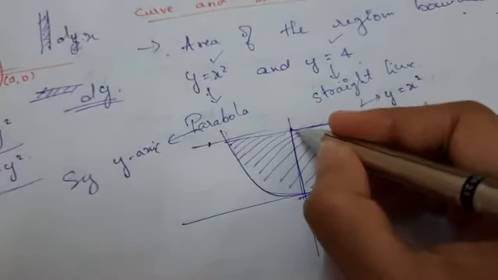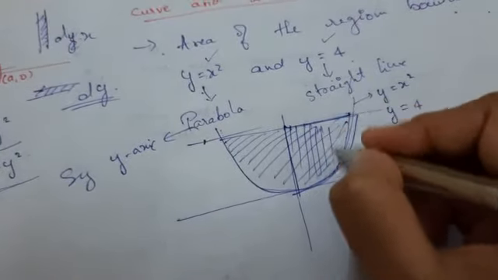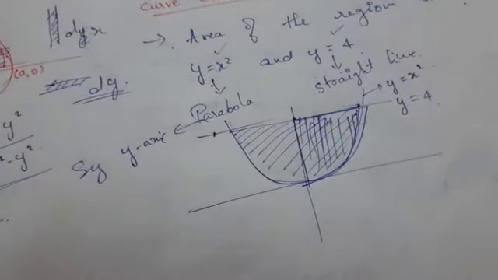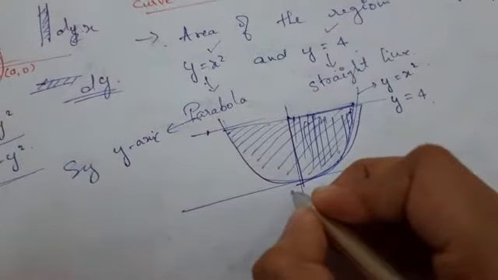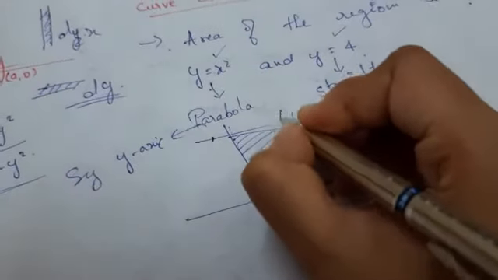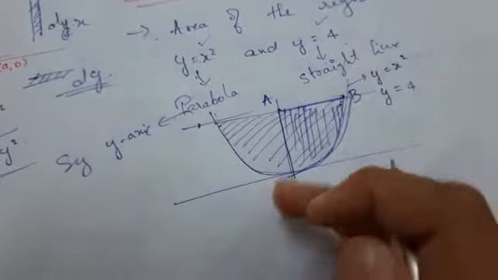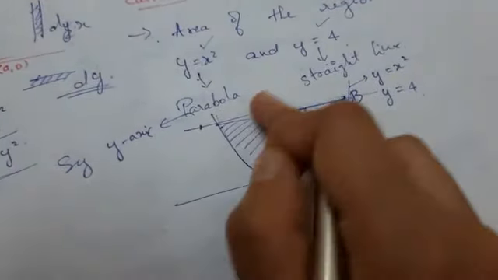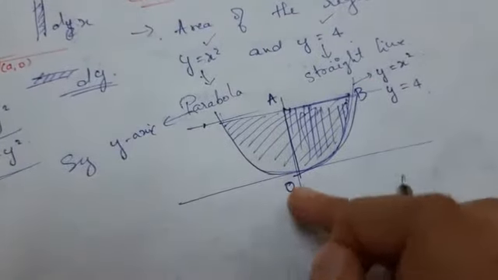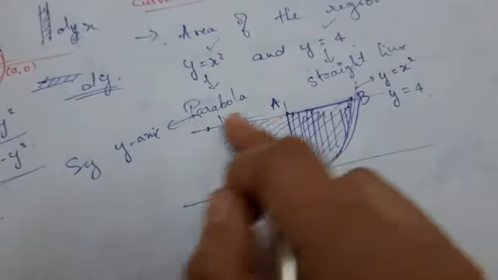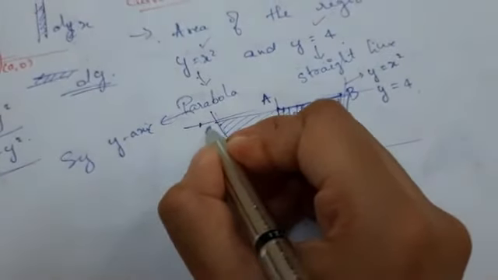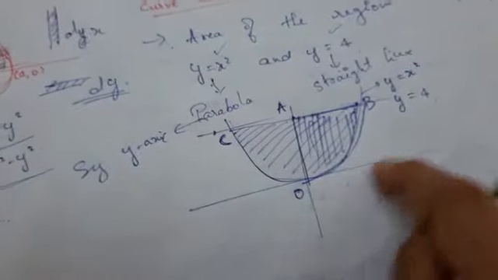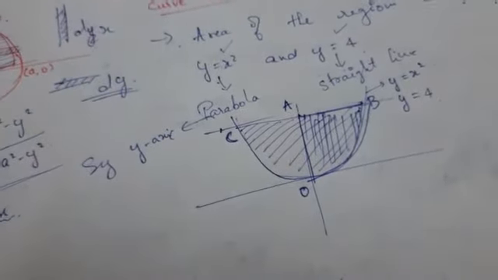I am calling this O, A, B. So we need to find the area of OABO and multiply it by 2 to get the complete area. If I call this one C, we are going to get the complete area of OBACO, the required area.